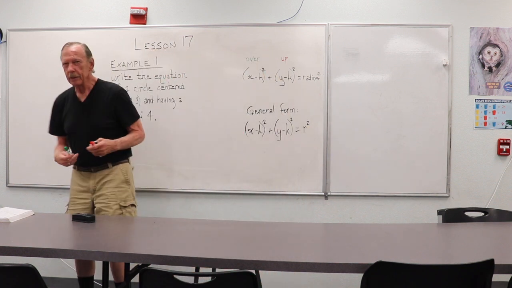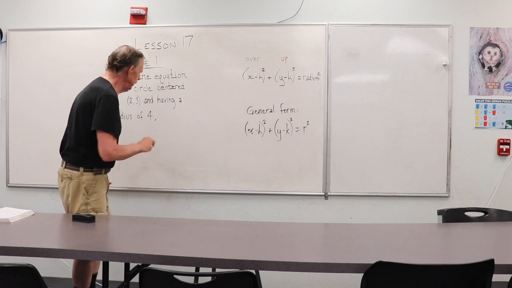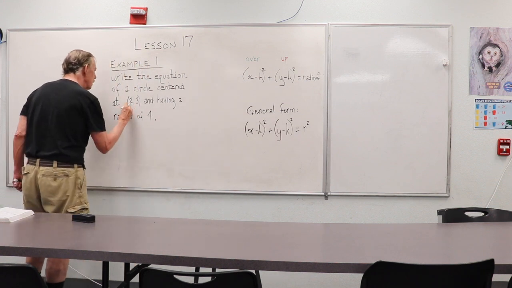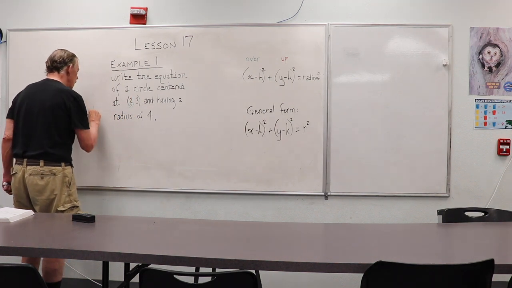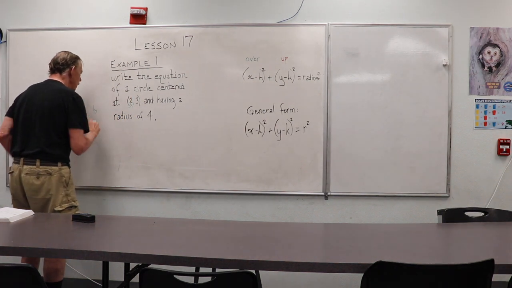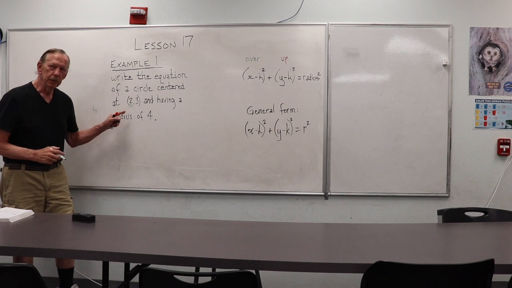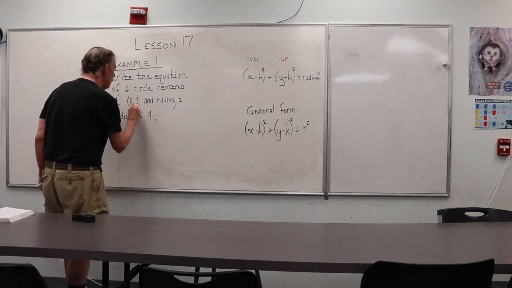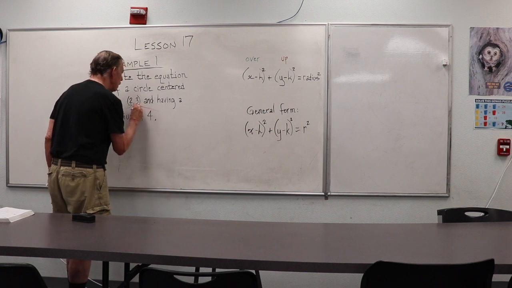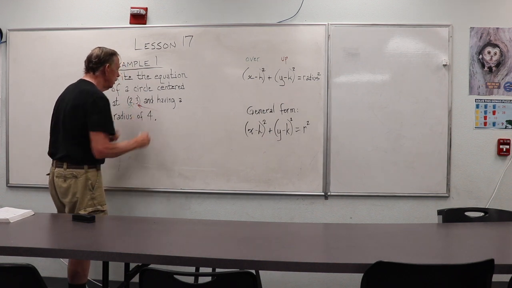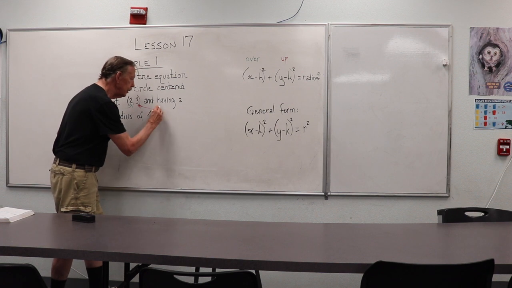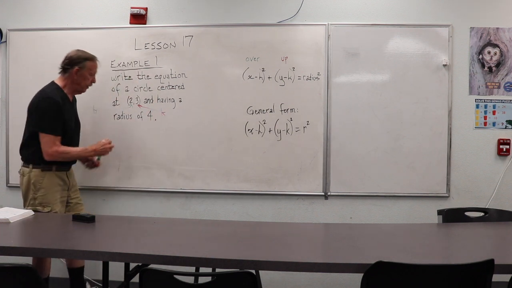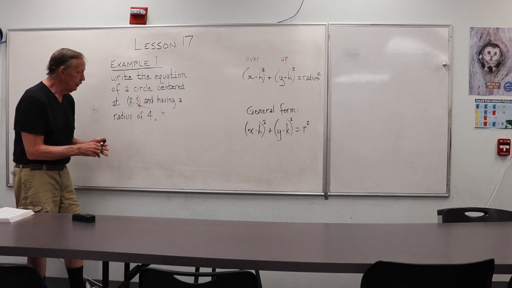Now the key here, to do this correctly, that 2 is h. That 3 is k, and that is our radius.